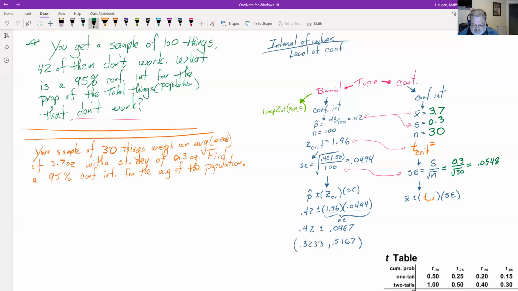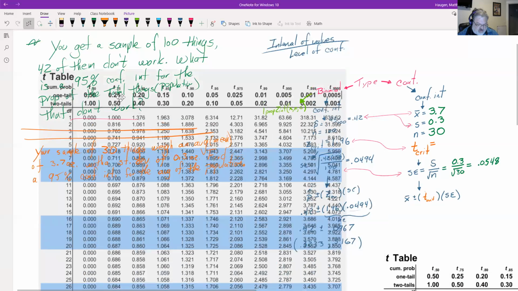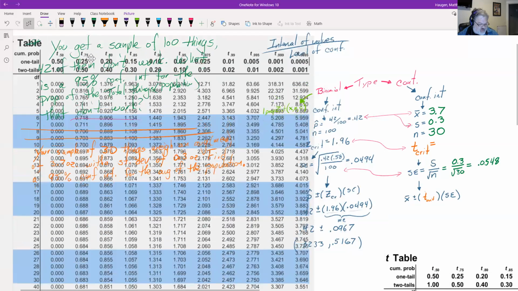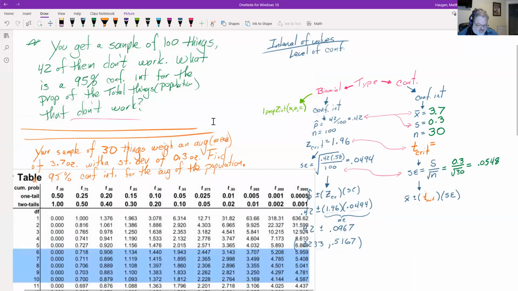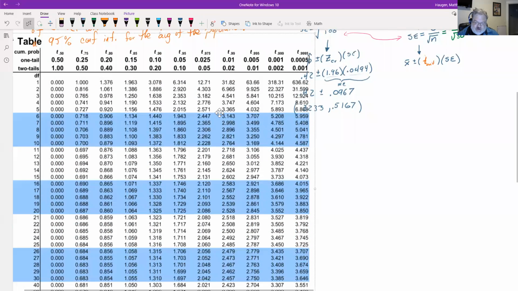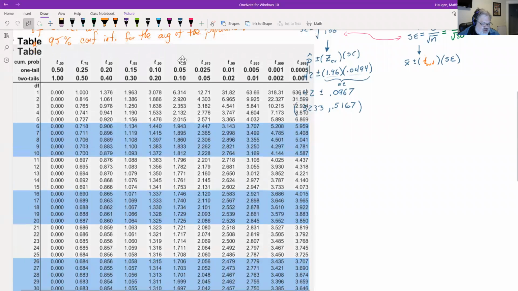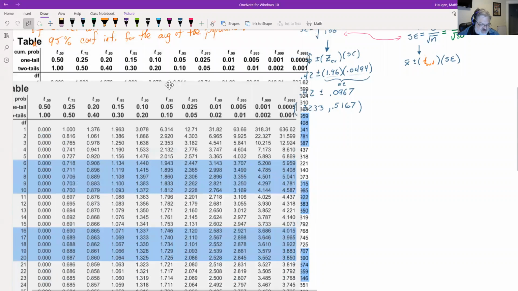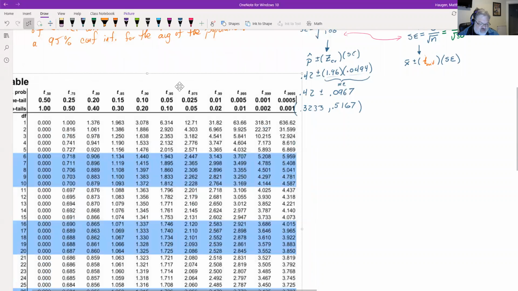Well, lucky for us, we've got a table of critical values, right? Oh, that's hard to read that way. We want a critical value for a 95%. We talked about reading these yesterday. They're a little bit hard to read because of the way they give those keys up on top. My suggestion was to focus on the tail size, right?